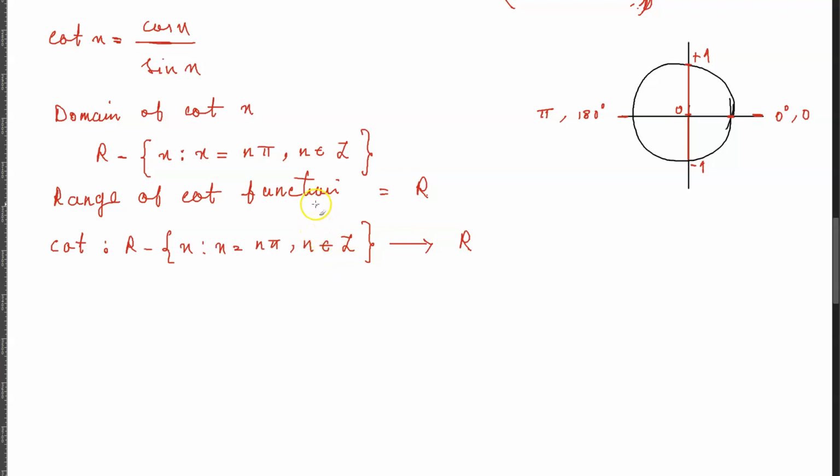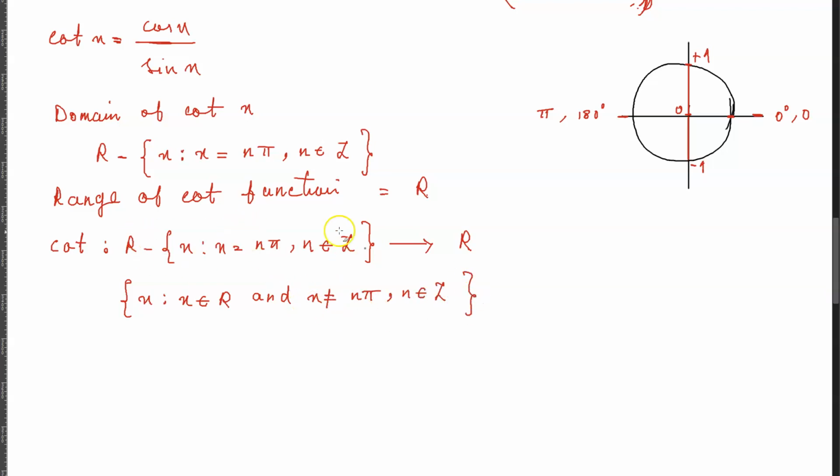So let me go through the text quickly and see if we haven't missed anything here. You know that the domain of the cot function is the set of all x's such that x belongs to the set of real numbers, and x is not equal to n pi, where n belongs to the set of integers.